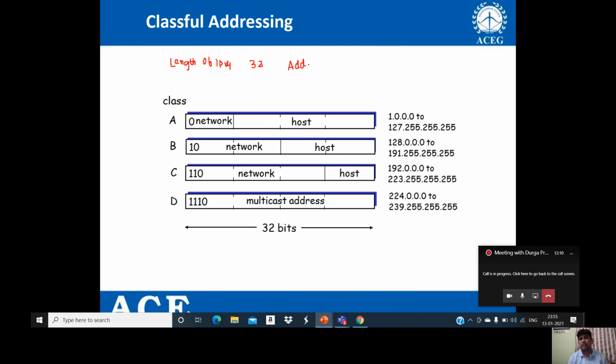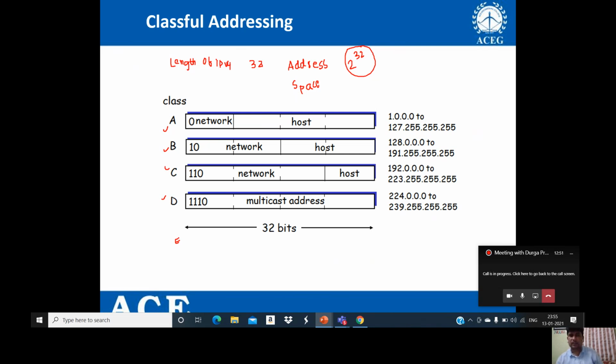For 32 bits in binary, the total possible combinations are 2 power 32, which we refer to as the address space. In classful addressing, we divide this total 2 power 32 address space into different classes, namely class A, class B, class C, class D, and a future reserved one called class E.